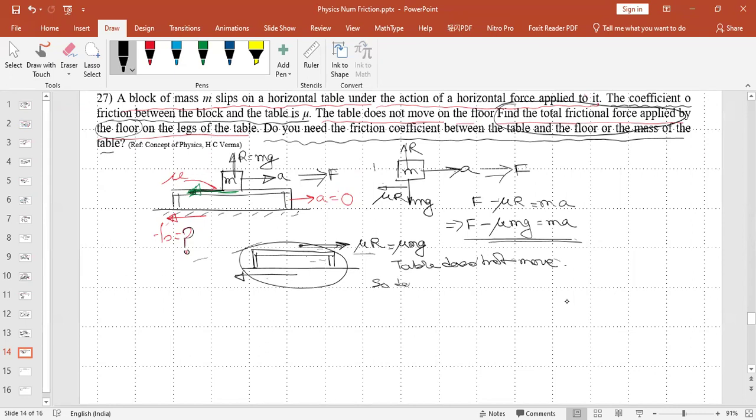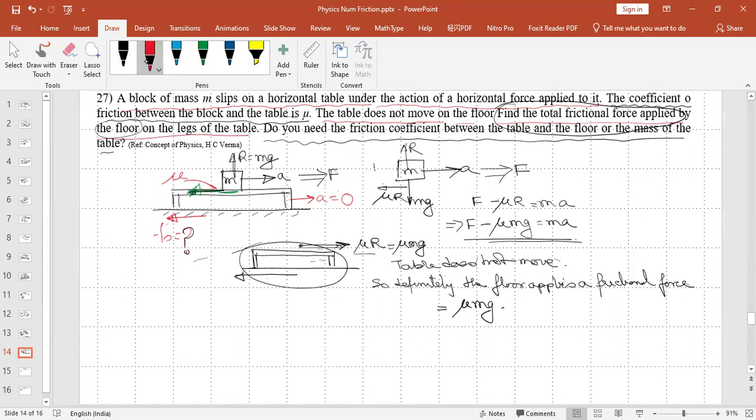So definitely the floor applies a frictional force equal to mu mg.